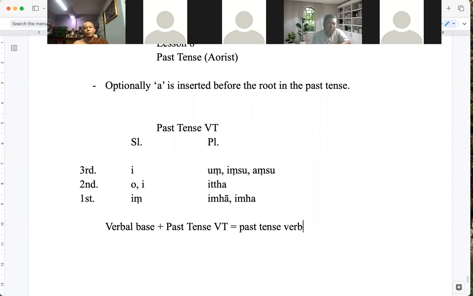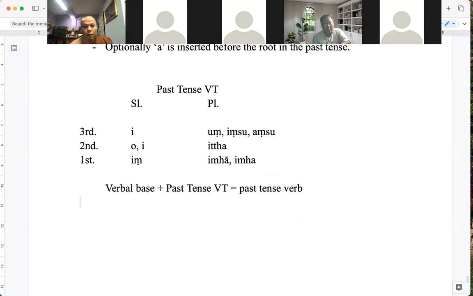The first verb base is dhāva, right? The root is dhā, but the base is dhāva, to run. So to the dhāva, by adding ī, we have dhāvī.